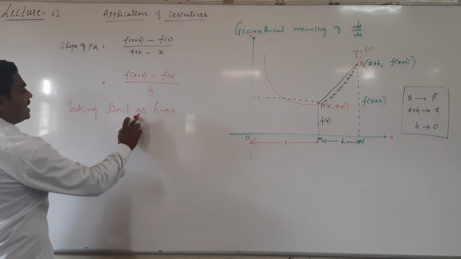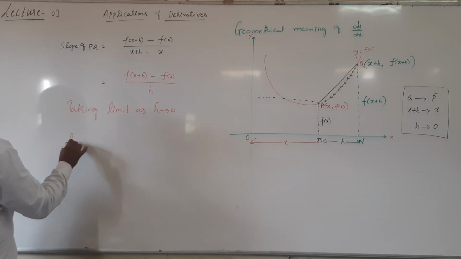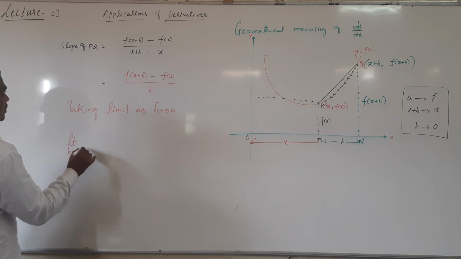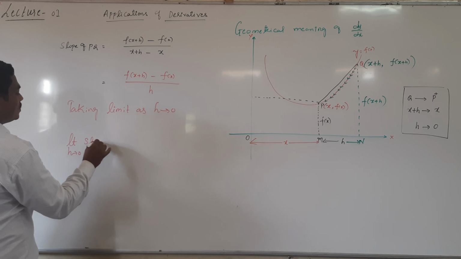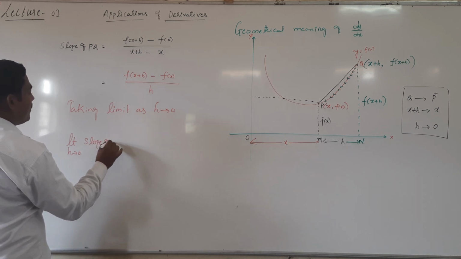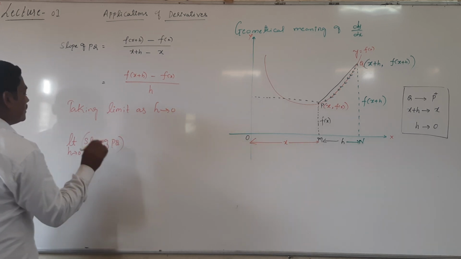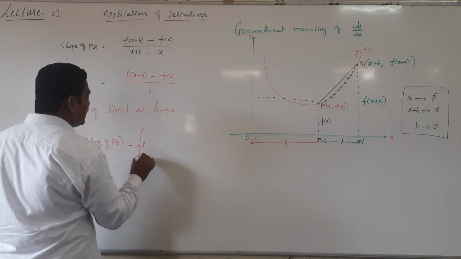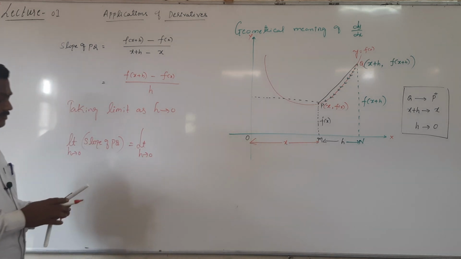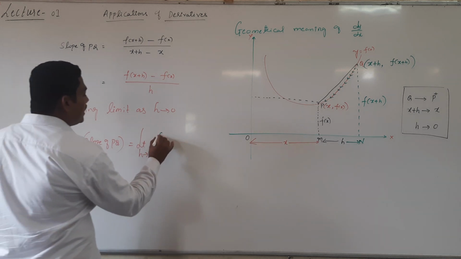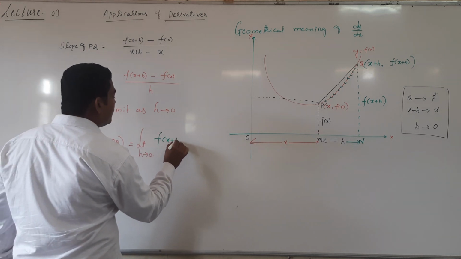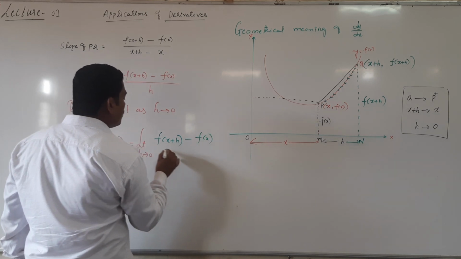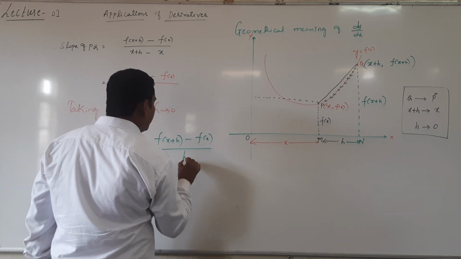Taking the limit as h tends to 0, the slope of PQ is equal to the limit as h tends to 0 of f of x plus h minus f of x, whole thing divided by h.